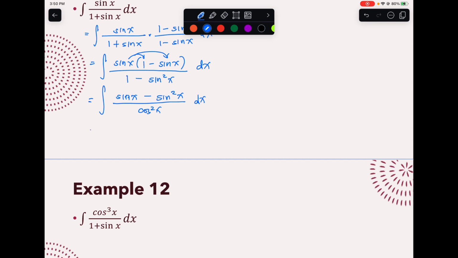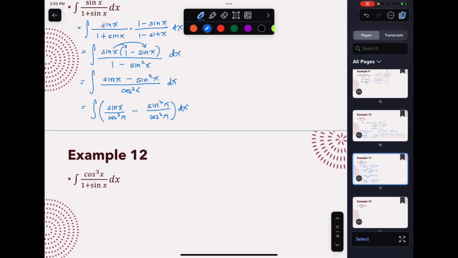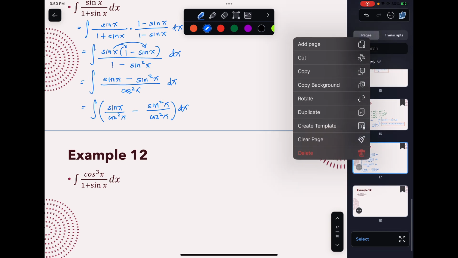Then afterwards, I can separate the two. So this one would become sine x over cosine squared x, then minus sine squared x all over cosine squared x dx. So I'm going to add a new page.